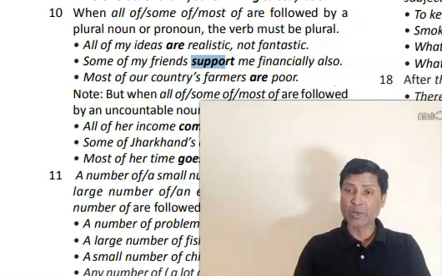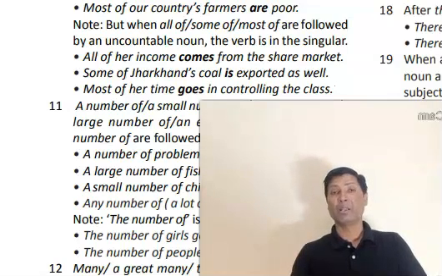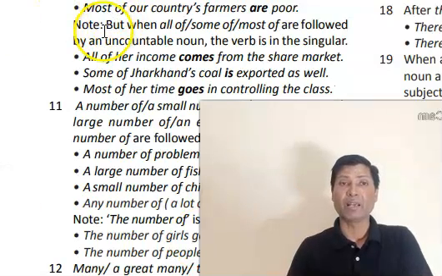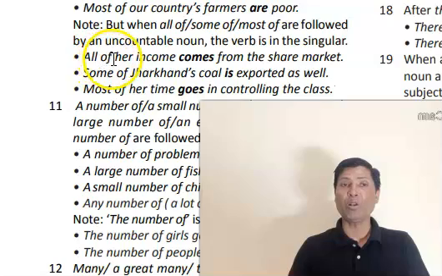Now a good student should ask a question: what if these words are followed by a singular noun? For example, here I have given a note. When all of, some of, most of are followed by an uncountable noun, the verb is in the singular. So here "all of" is followed by "her income", and income is an uncountable noun.